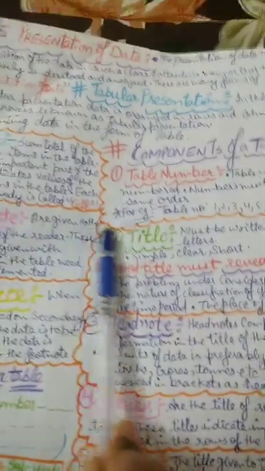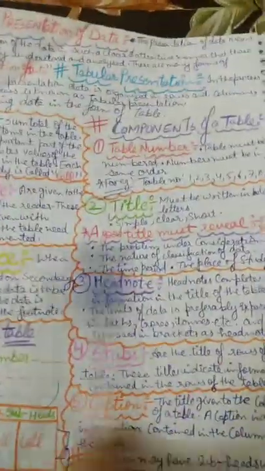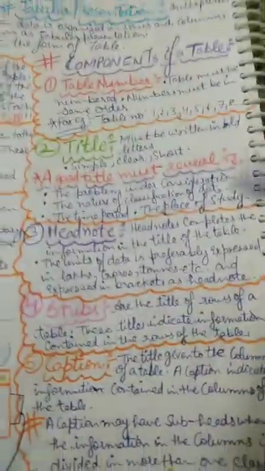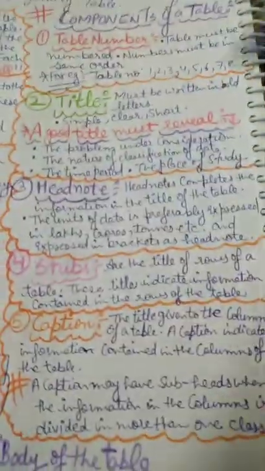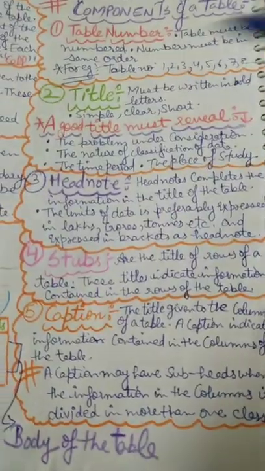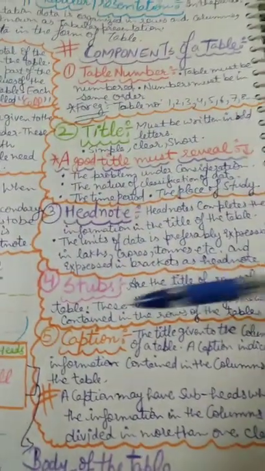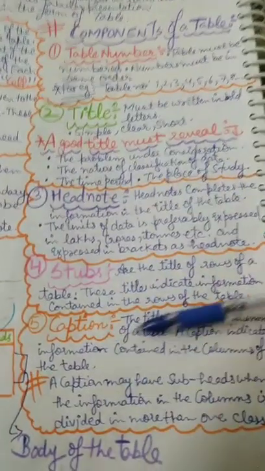Stub means horizontally the data or record of each student. Its title is known as stub. The title of the rows is known as stub. Caption means the title of the columns. For example, name, class, roll number, section. These both are most important.